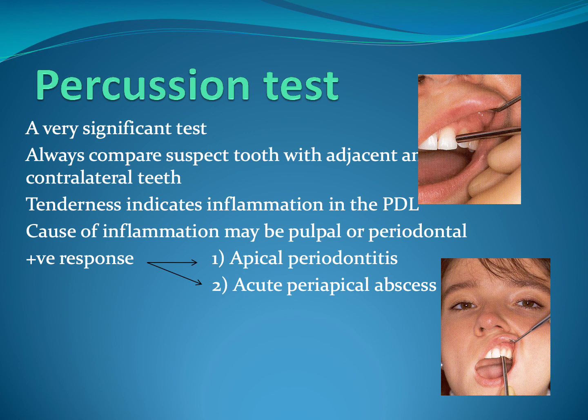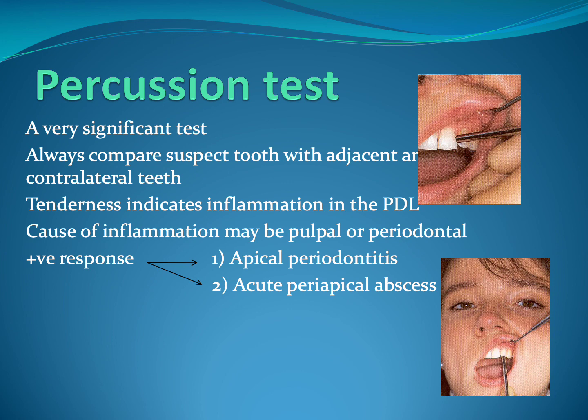Percussion test. It's a very significant test. Always compare the tooth. When we make a percussion test, we compare the tooth which has the problem with the adjacent tooth, to compare the percussion test in both of them.